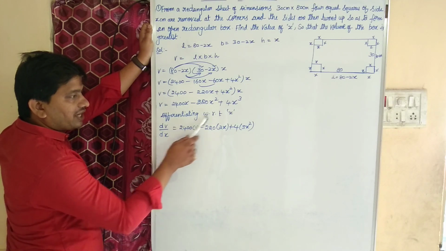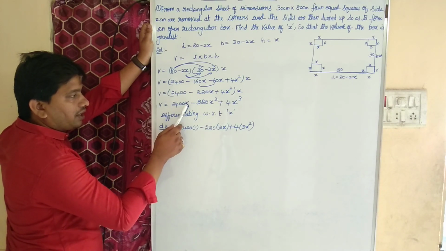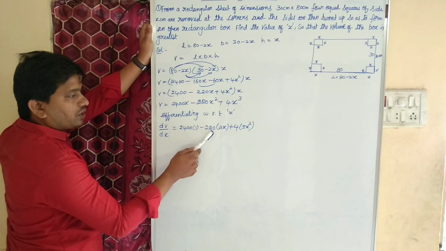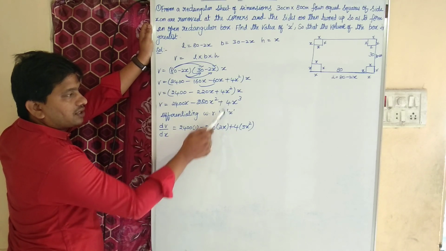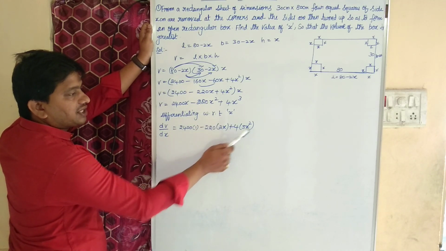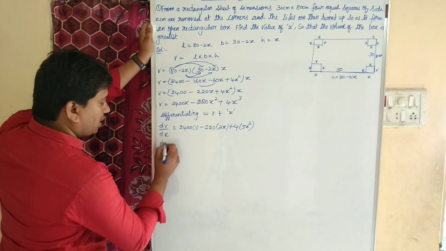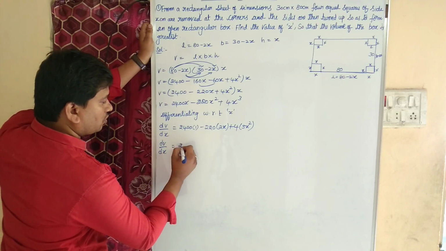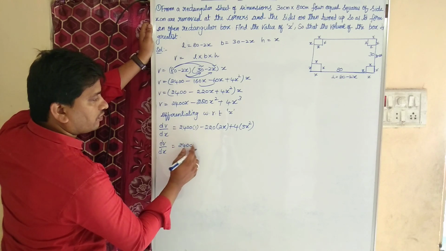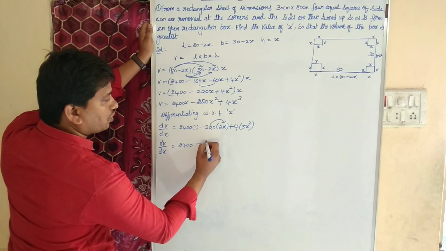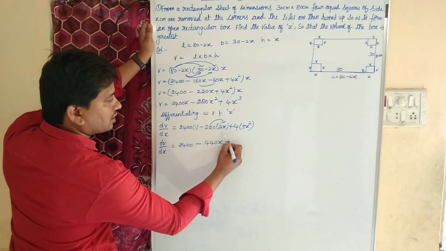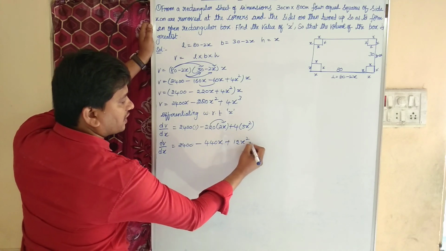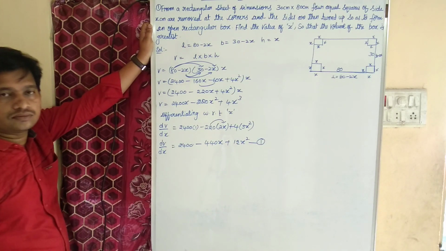We are differentiating with respect to x, children. So dv by dx equal to 2400 into 1, 2400, minus 220 into 2, that is 440x, plus 4 into 3, that is 12x square. This is our equation number 1.